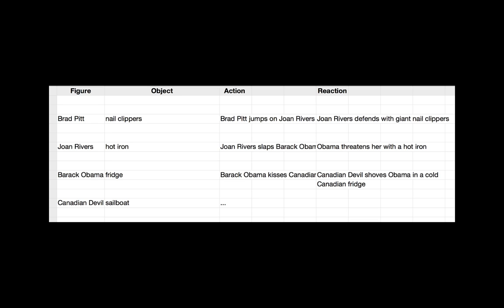So basically in my mind, I just see Brad Pitt jumping on Joan Rivers, and then Joan Rivers defending back with giant nail clippers, and Joan Rivers then slapping Barack Obama, and Obama threatens her with a hot iron, and then Barack kisses the Canadian Devil, and the Canadian Devil shoves him into a Canadian fridge. Now, these aren't connected to any information at all.